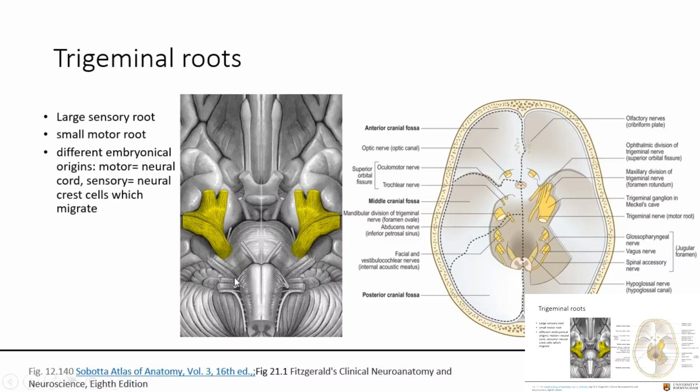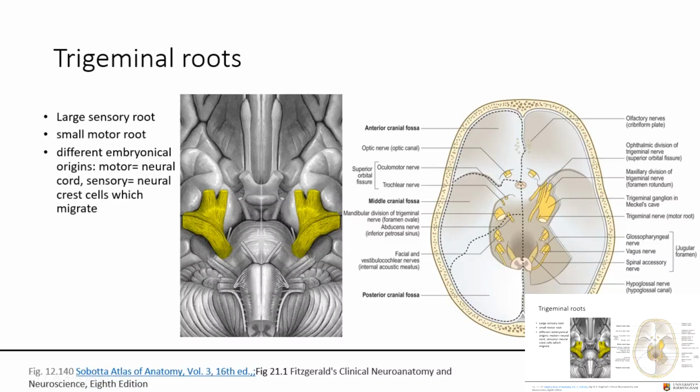6 will be located between the pons and the medulla, so it's called the pontomedullary junction. So medially you have 6, and then 7 and 8 will be located in the pontomedullary junction but laterally. This is the medulla. In the medulla we have structures in the midline known as the pyramids, and then a bit more laterally we have the olives.